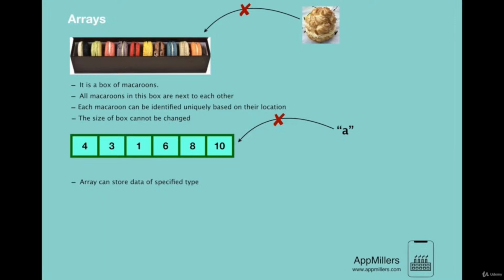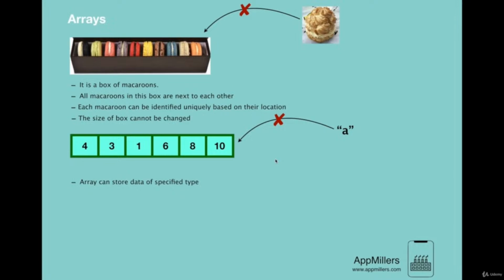Here, we can think that the data type is macaron, so we cannot store this cream puff because this is for macarons. In an array, the data type is integer, so if we want to store a string value over here, it will raise an error and will not allow us to do so, because this is how arrays work. Once you have defined the type of data for the array, the elements must be of the same type that we defined. Okay, let's continue to the next property.